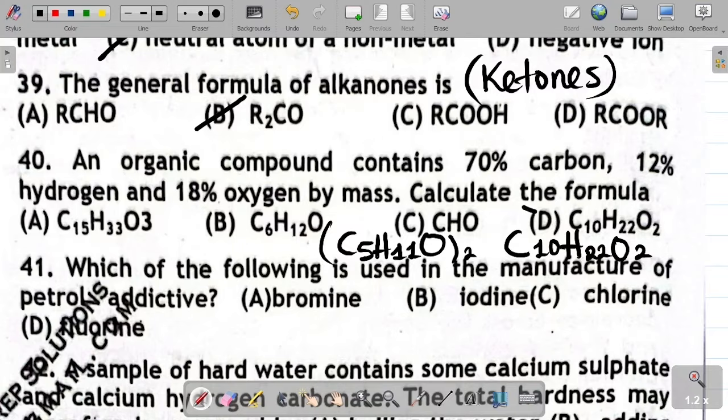So I will go with this option. So perhaps this is the molecular formula. What we got initially, C5H11O, is the empirical formula. But they say we should calculate the formula. They did not mention if it was the empirical formula or molecular formula. But since we have something in this same concept, I'll go with D and I'll call it the molecular formula.